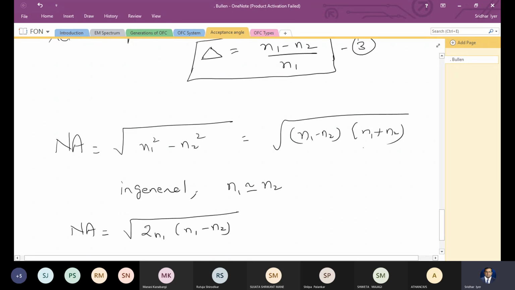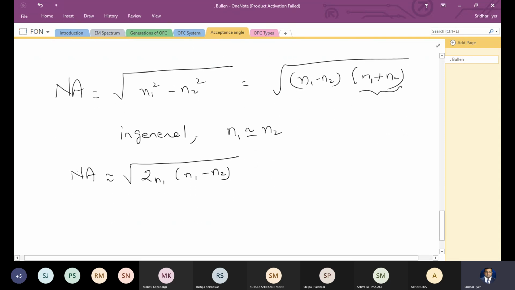So I'm taking this addition value here, and since n1 and n2 are almost the same, I'm just replacing n2 with n1 and calling it 2n1. I cannot substitute that in n1 minus n2 because it will become 0. That doesn't make sense, right? So it will be an approximate value, so I'll replace this equal sign with an approximation.